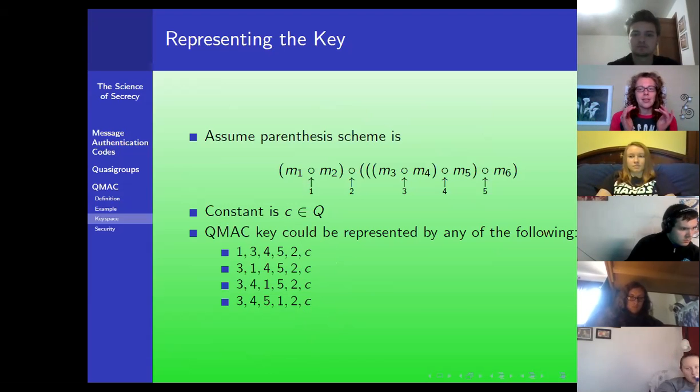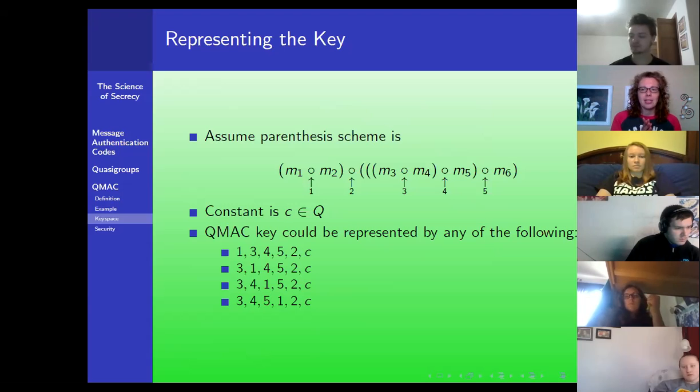They all represent the same key. So we can't just say n factorial because we'll be overcounting. In addition, there are probably some strings of integers that you can come up with that do not represent a legal way of multiplying things together.